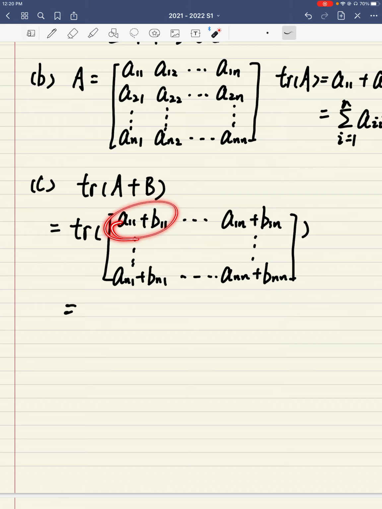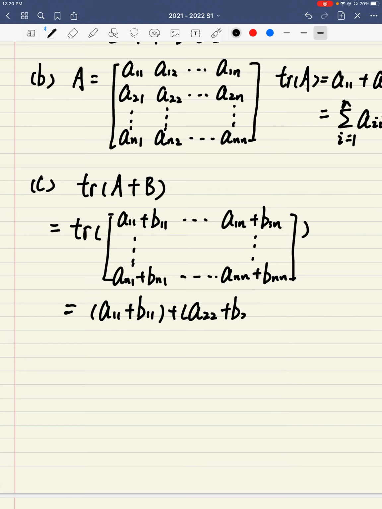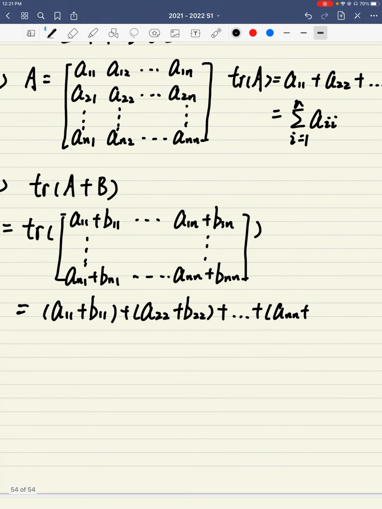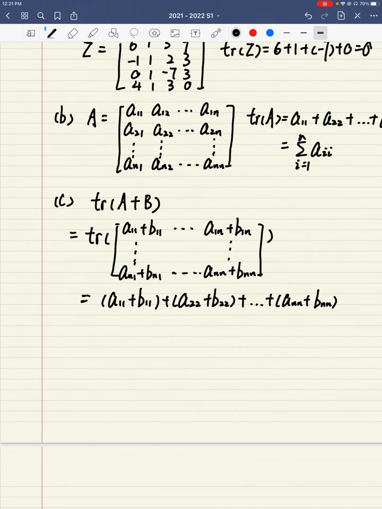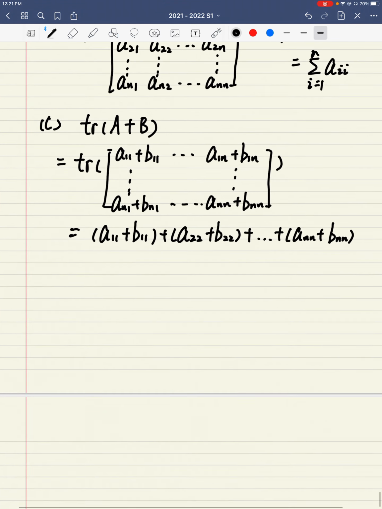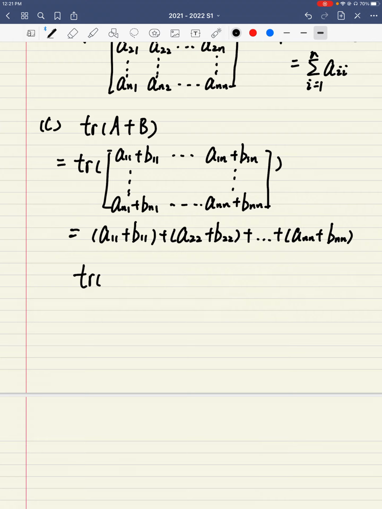So it is A11 plus B11, plus A22 plus B22, plus all the way to Ann plus Bnn. Then, what is trace A?